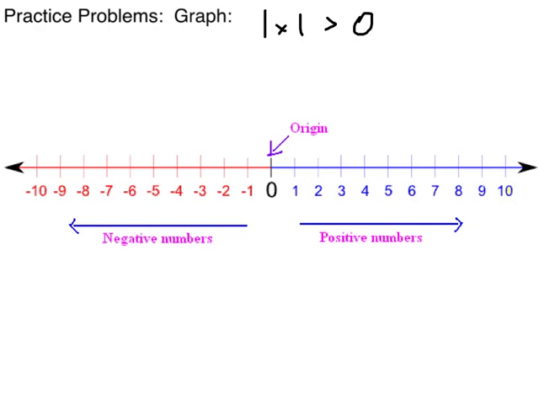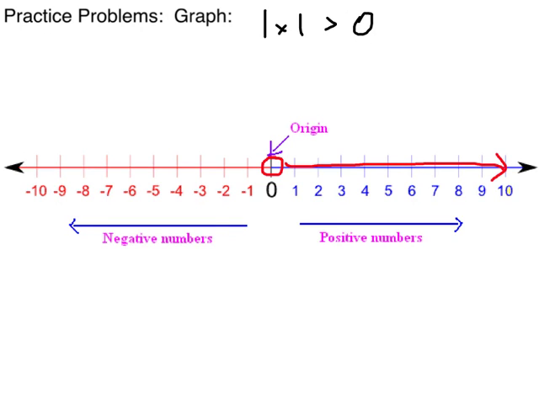Alright, in this one we have the absolute value of x is greater than 0. Well, it doesn't include 0. Obviously, if it's greater than 0, we know it's going to the right.